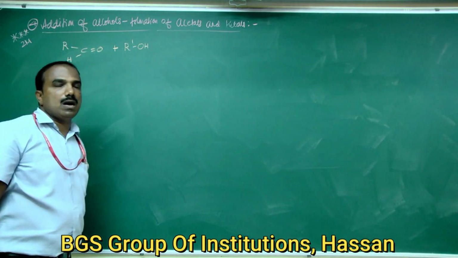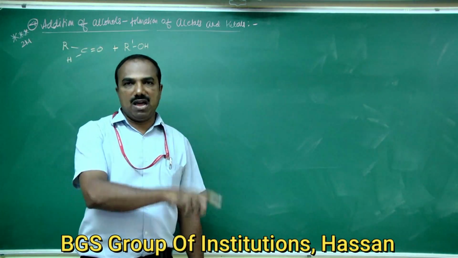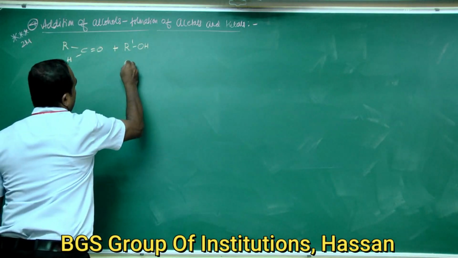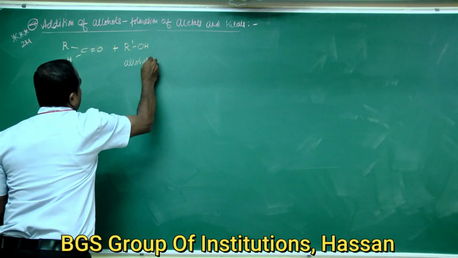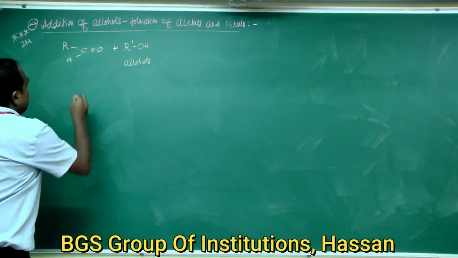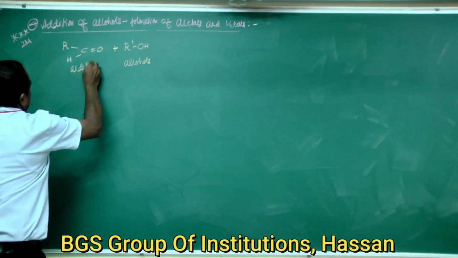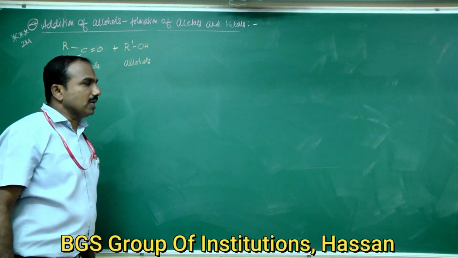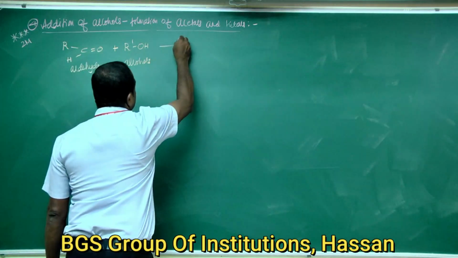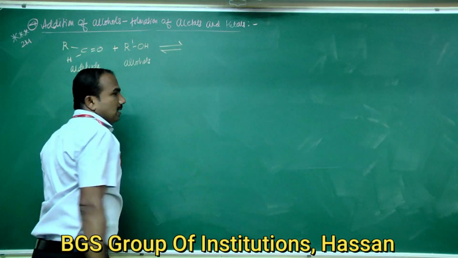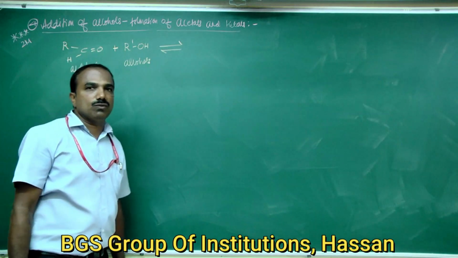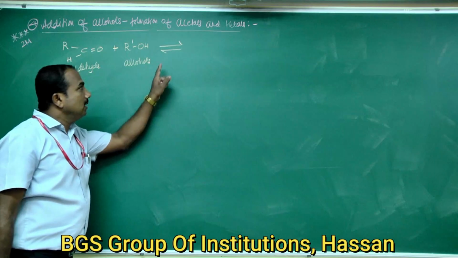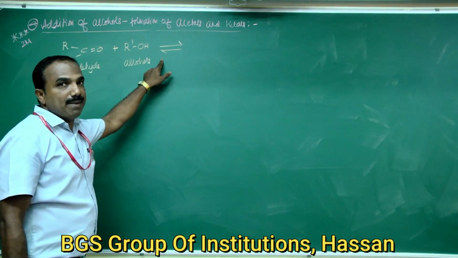Aldehydes on addition of 1 mole of monohydric alcohol, not dihydric, monohydric alcohol, form an alkoxy alcohol compound known as hemiacetal.